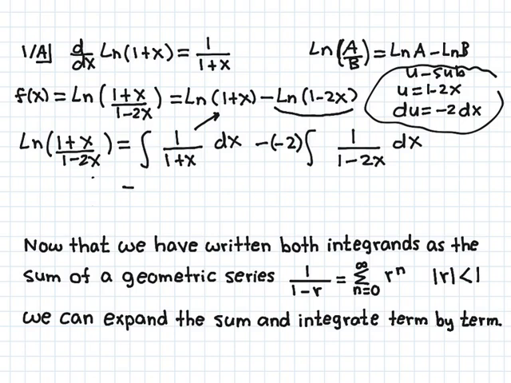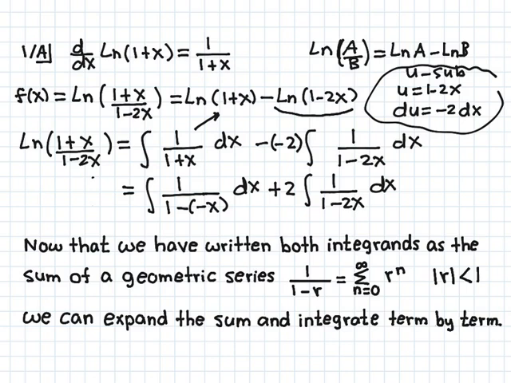So we can rewrite this. Let's clean it up a bit. We get the integral of 1 over 1 minus x dx, minus times minus gives us plus 2, the integral of 1 over 1 minus 2x dx.